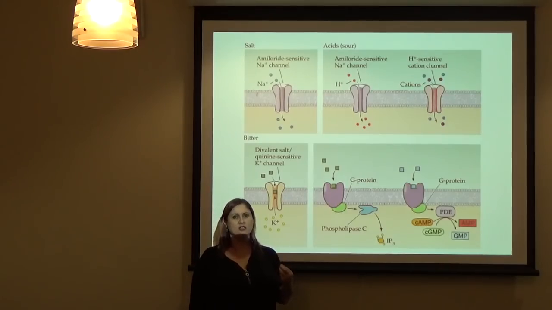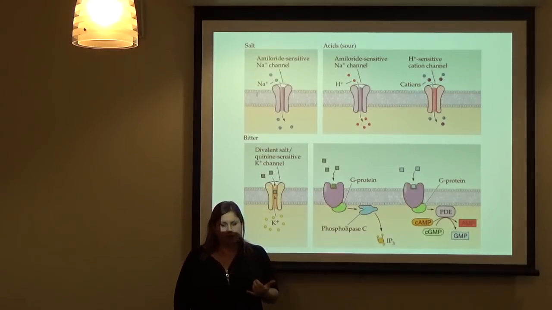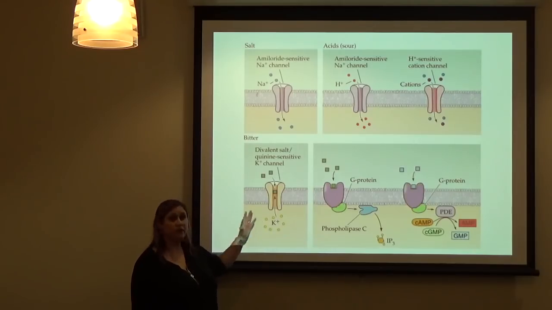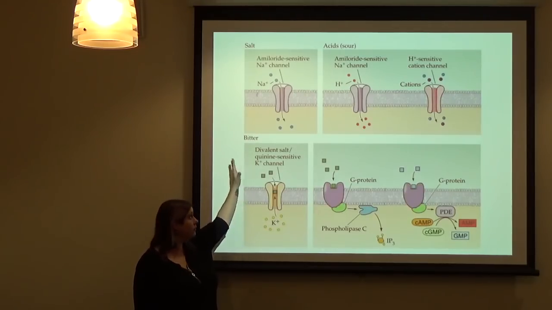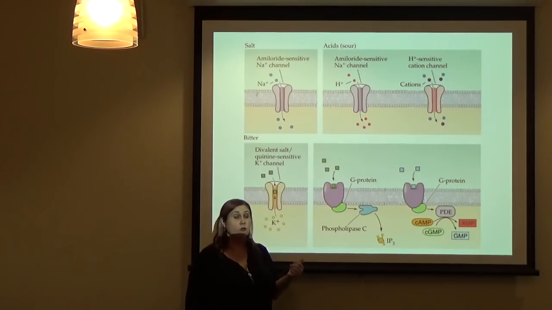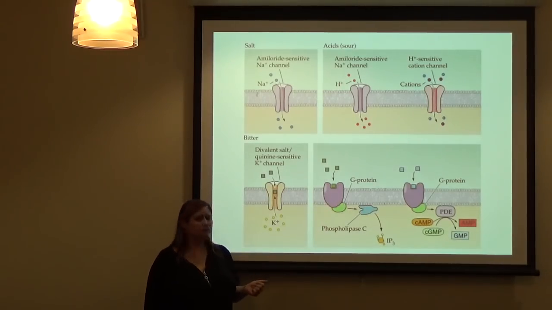Okay, that's a bitter taste. So they are a little bit different. But I'm not going to have you memorize the metabotropic process, just that salt is an ionotropic thing where the sodium comes right into the ion channel. Bitter is a metabotropic receptor with a G protein and an alpha subunit.